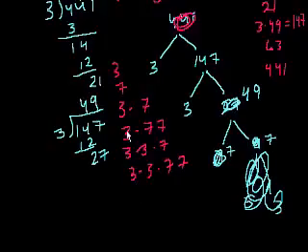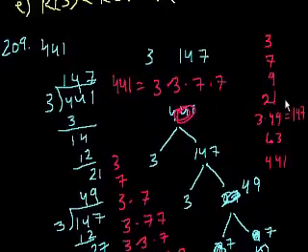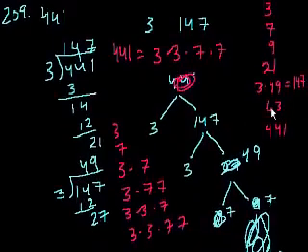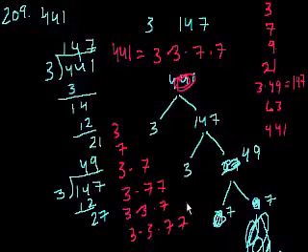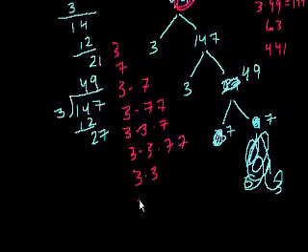So I have 1, 2, 3, 4, 5, 6 numbers. What am I missing here? Oh, of course. I'm actually missing the 3 times the 3, and I'm missing the 7 times the 7. So it's 1, 2, 3, 4, 5, 6, 7, 8 factors.